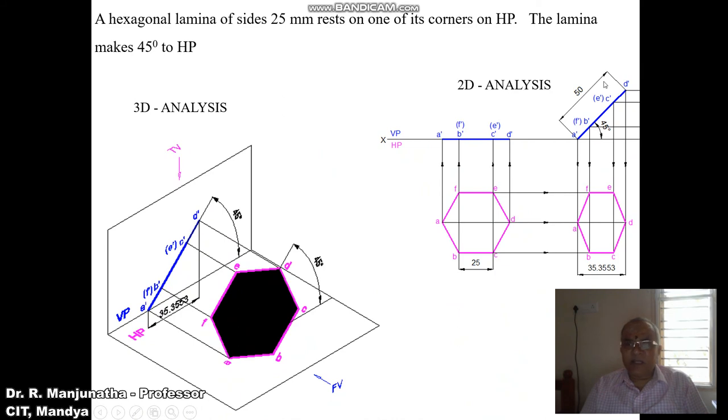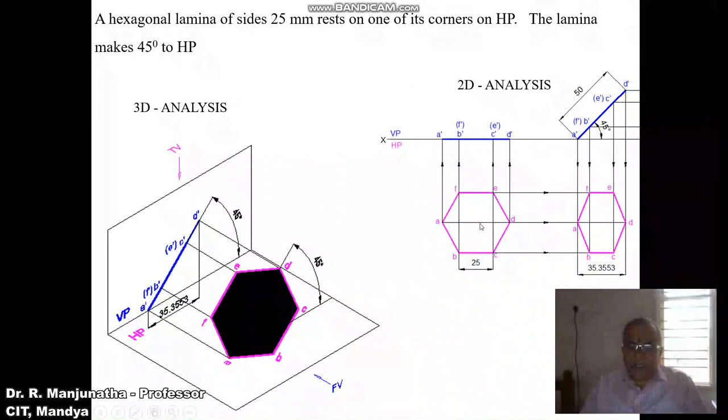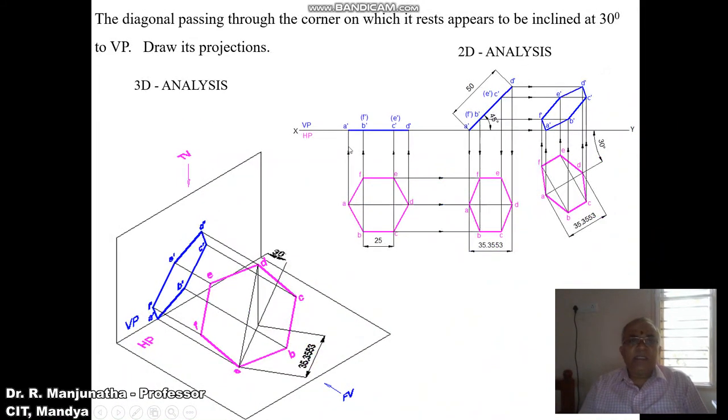You can see here this is the apparent length, and it is less than the original length of the diagonal. Then he says the diagonal passing through the corner on which it rests appears to be inclined at 30 degrees to VP. Since he says it appears, he has given the apparent inclination. So we have to check in the second position whether the diagonal is in apparent length or not.